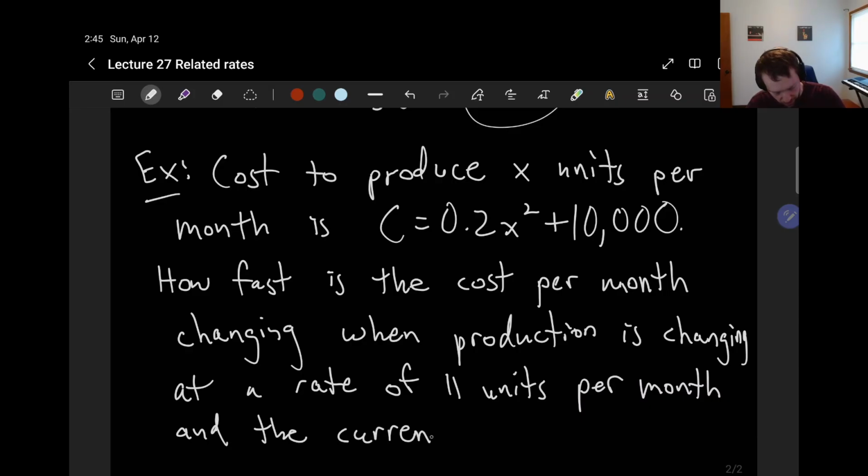And on top of that, the current production level is 70 units.